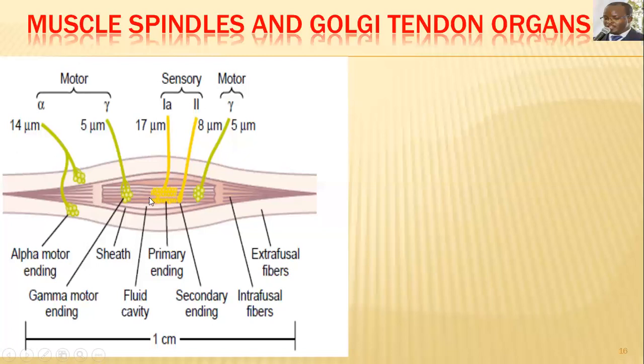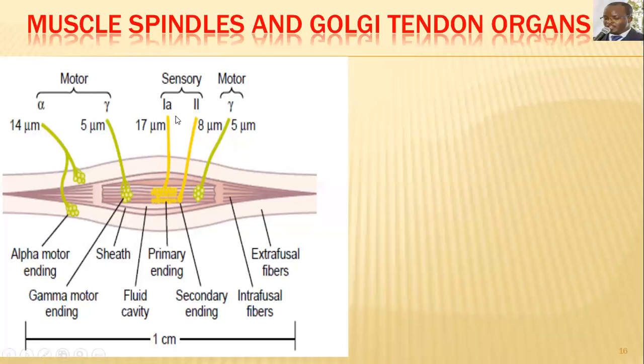You can see here that the intrafusal fibers have sensory nerves innervating them. You have the type 1A, which is an example of A alpha fibers, which are very fast and myelinated. You can see the diameter is big here, about 17 micrometers.